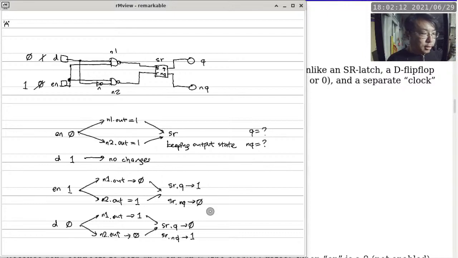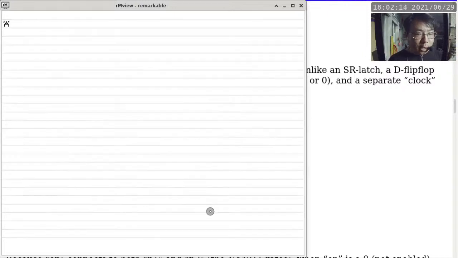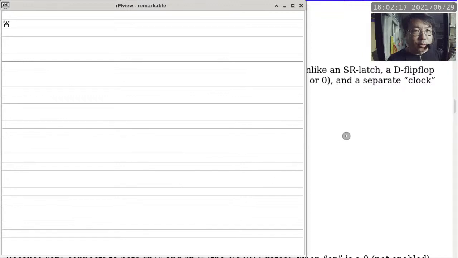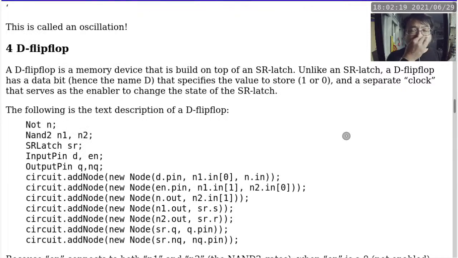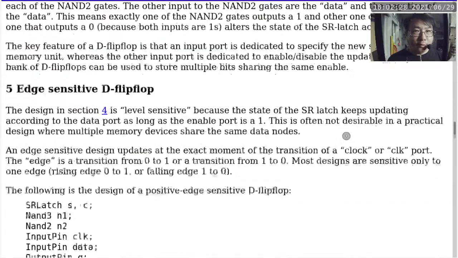Alright, so let's move on to section 5. Section 5 is where the analysis of the propagation of changes becomes a little bit more interesting.